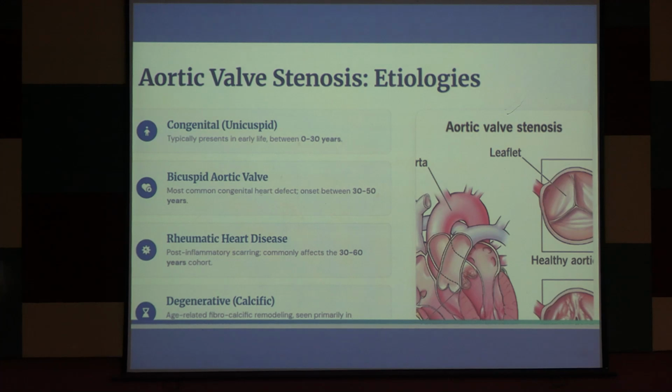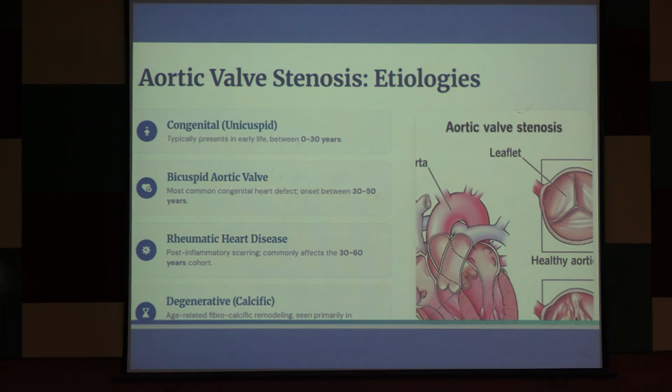The pathogenesis or etiology is on the basis of number 1, calcific degeneration, number 2, the tri-leaflet deterioration, and number 3, the congenital, that is the bicuspid or unicuspid aortic valve. Then comes the rheumatic inflammation, and lastly mediastinal irradiation.